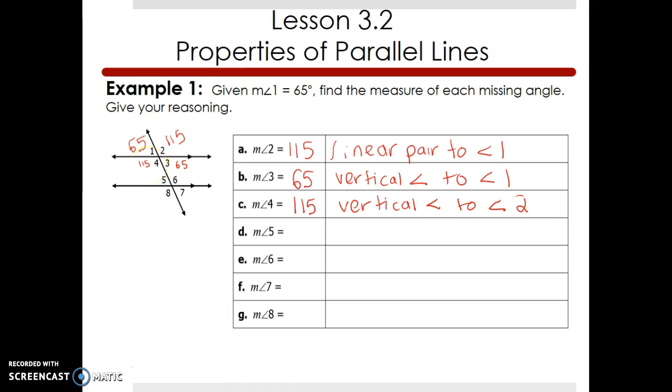So now let's use some of our new relationships to figure out angle 5 and angle 6. Angle 5 and angle 1 are corresponding angles, and corresponding angles are equal. So if angle 1 is 65, angle 5 is also going to be 65.